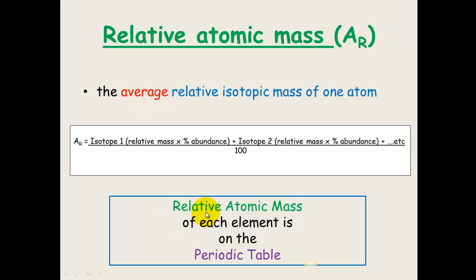So relative atomic mass is found on the periodic table. It's going to be equivalent to the mass number. So the relative atomic mass of each atom is equal to the mass number on the periodic table.